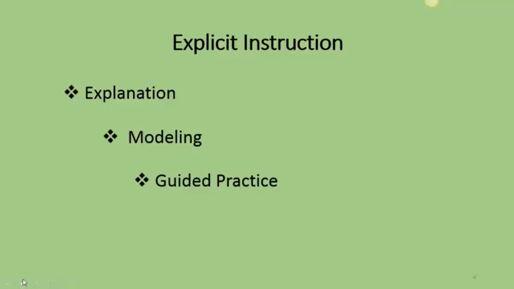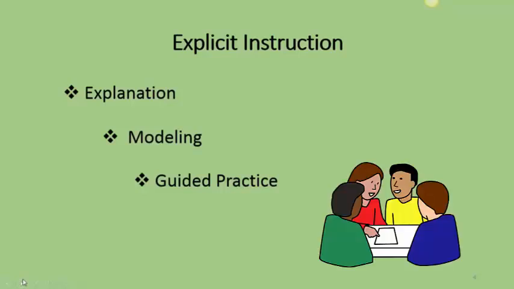Then you move on to guided practice, which is the we do, where there's lots of scaffolding and support, and also it's a gradual release of responsibility from the teacher to the student. This is the part where you would do a lot of peer work, small group work, and where the students basically work together to support each other.